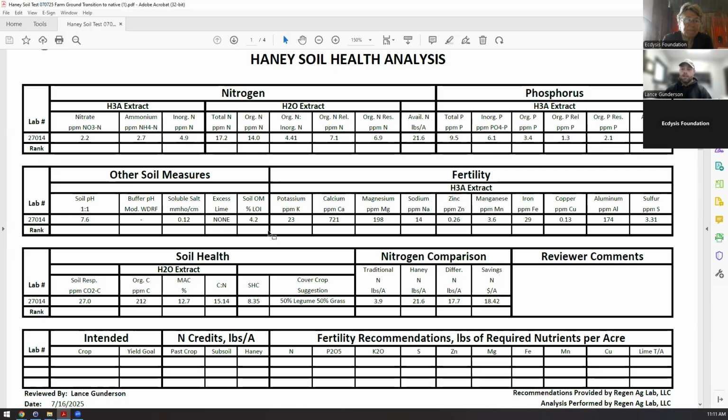So the very next number that goes into the soil health score is organic carbon, right next to respiration. That number is 212. That is slightly above average. That is the food that the microbes have available.